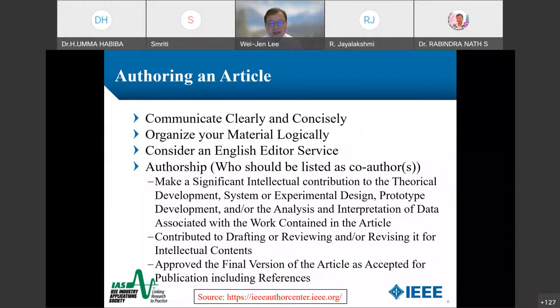In other words, if you put someone as a co-author, that individual should have contributed to the paper, or helped finalize the paper by reviewing or revising the intellectual content. This is very, very important. If that individual improved the theoretical part or the quality of the paper, then you can consider listing them as a co-author, with their consent.